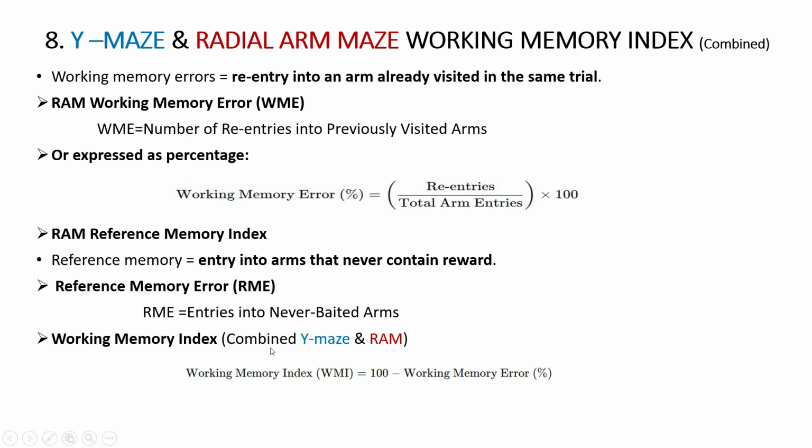Working memory index combined, Y maze and RAM. How can we calculate working memory index by error? Here you can see it is the same as the earlier parameters.